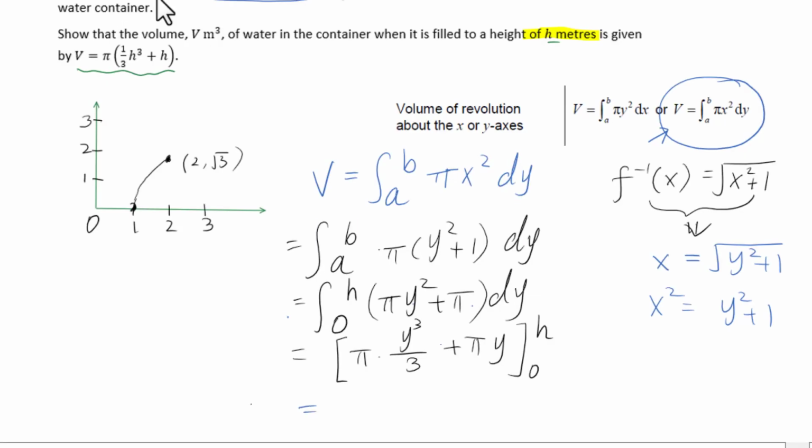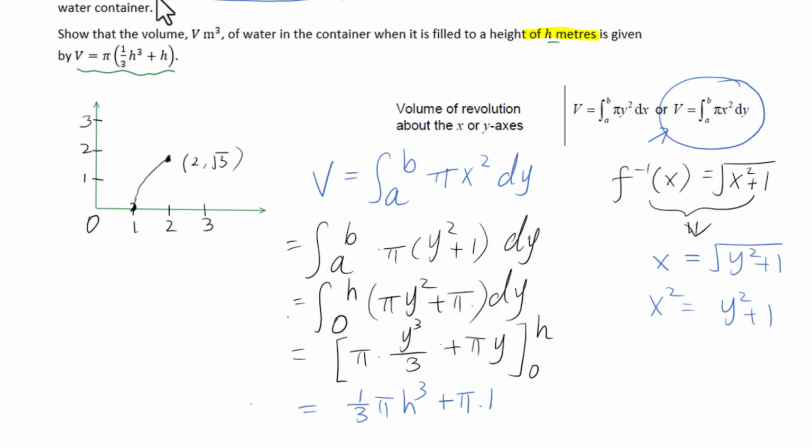Then substitute h for y. We will get 1 over 3 pi h to the third power plus pi times h. Take a pi out: pi times 1 over 3 h to the third power plus h.